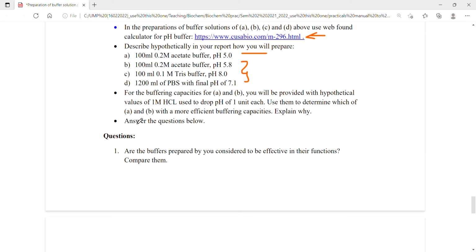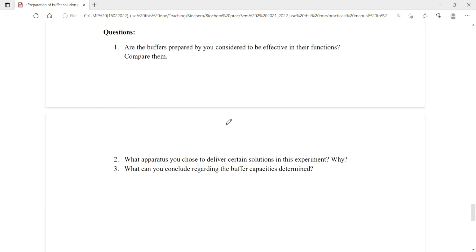And then for A and B alone, please determine how the pH changes if you drop in 1 molar HCl, exactly 1 unit. Since you can't do it in the lab, I have no choice but to give you hypothetical results as well. So after that, use them to answer this question.